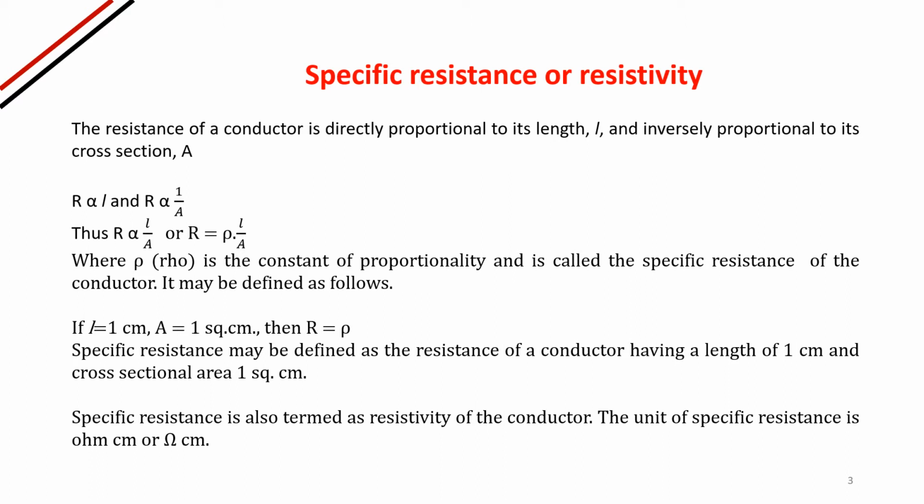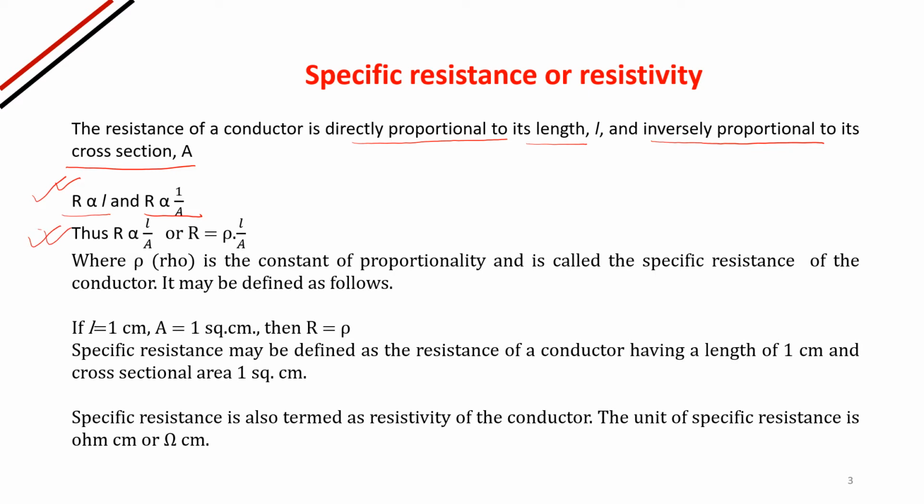The resistance of a conductor is directly proportional to its length L and inversely proportional to its cross-sectional area, that is A. You all know about it. So I can write R is proportional to L and R is inversely proportional to A. Combine these two, you will get R is proportional to L by A.